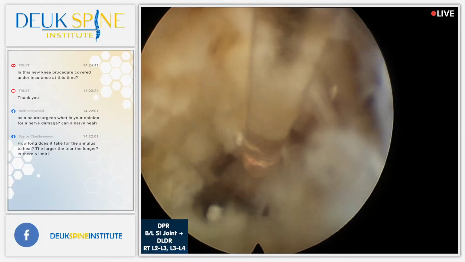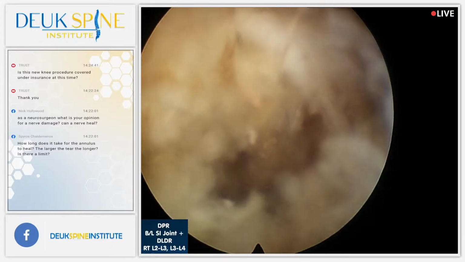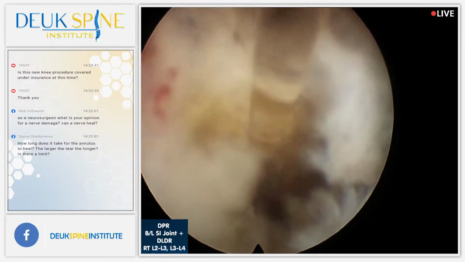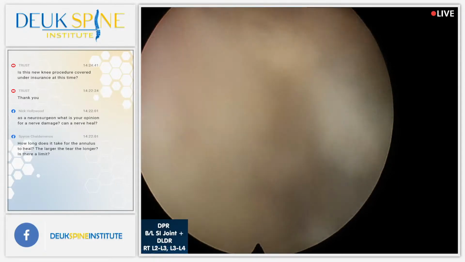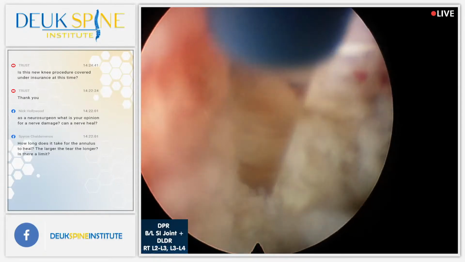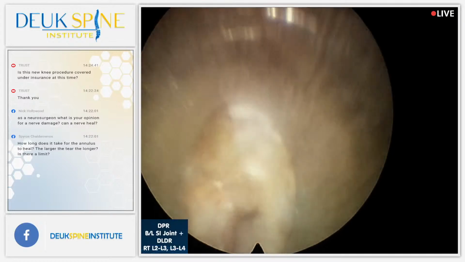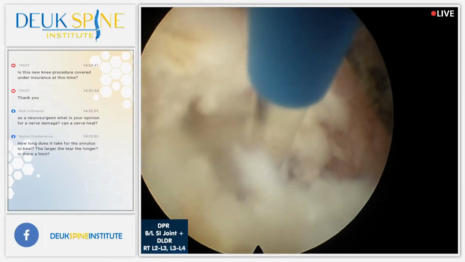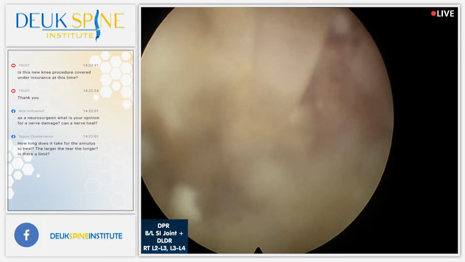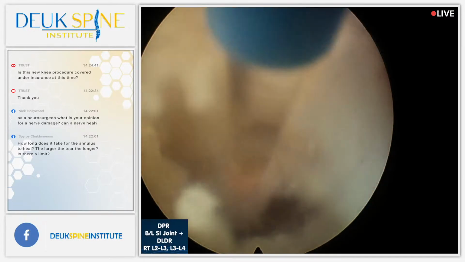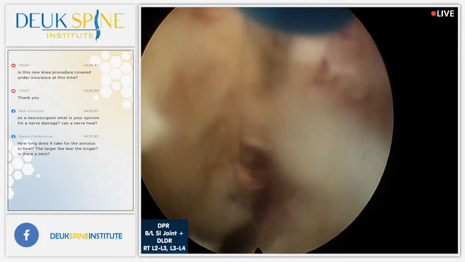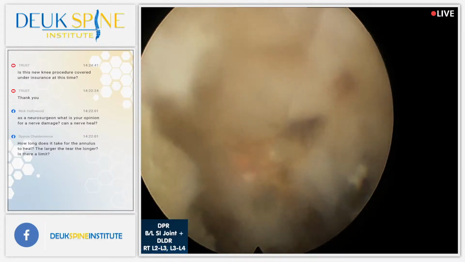And now I'm just cleaning up some of the herniation and tear. But I will not gild the lily. Just pretty much done there. This last piece and I'm done. 1 minute.